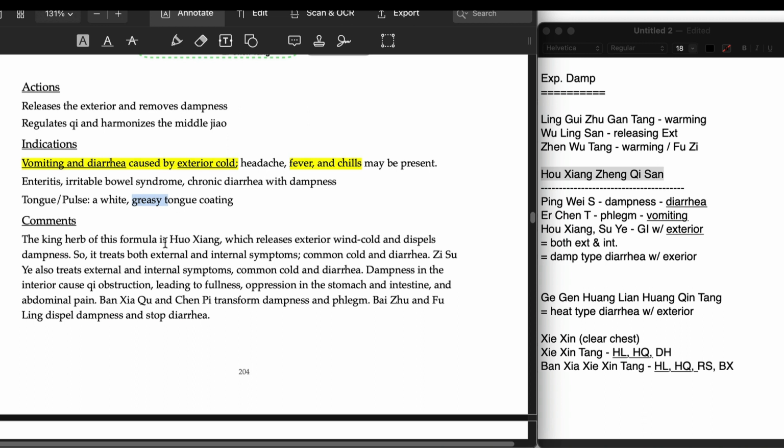And king herb is Xiang. Why? Because Xiang is inside of its name. So Xiang treats cold and dispels dampness. So in terms of category, Xiang is categorized into removing dampness herb, while Su Ye is categorized into releasing exterior herb. But both of them treat both of the problems.